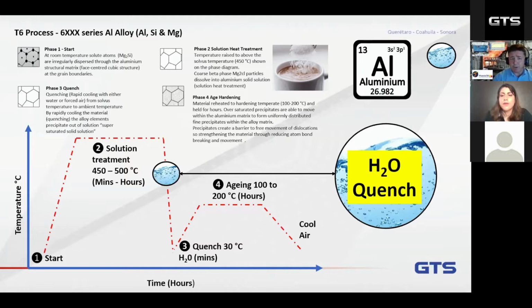The quench process is then generally followed by an artificial aging process where the product is heated at approximately 200 degrees for, again, a few hours. So we've got the solution treatment, the quench, and then the age hardening. So what we would like to do is to be able to monitor each one of those separate phases of the heat treatment process. So how do we go?